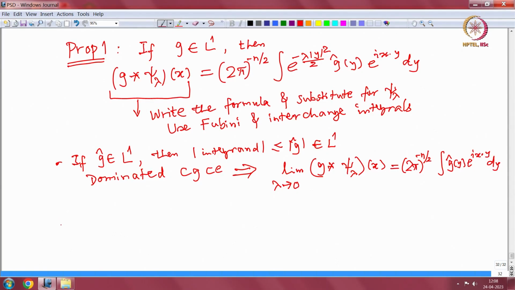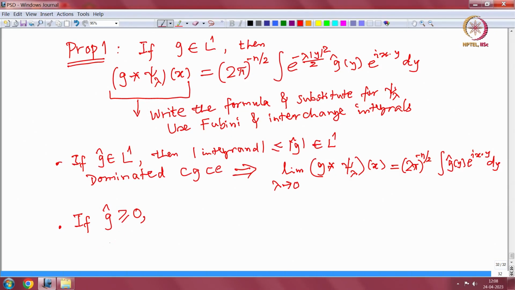The second choice is if g hat is non-negative. Okay. Just look again at the integrand, and since we don't want this oscillatory term, put x equal to 0 there, so that is gone. Then the integrand is non-negative and it is monotonically increasing as lambda decreases to 0. Okay.